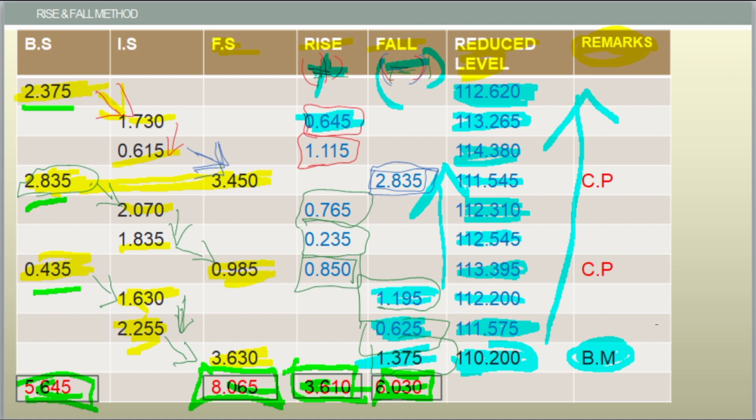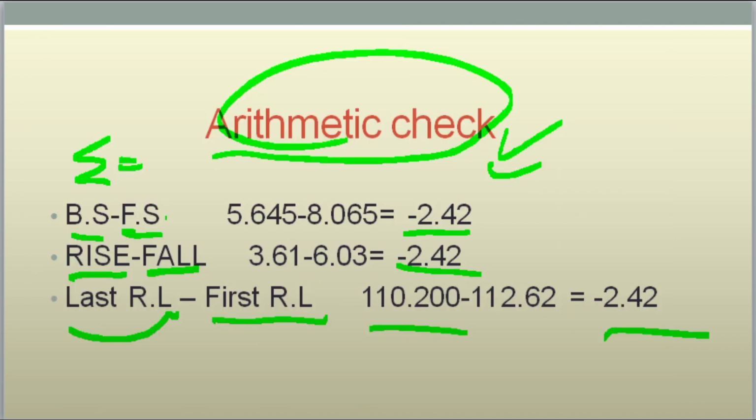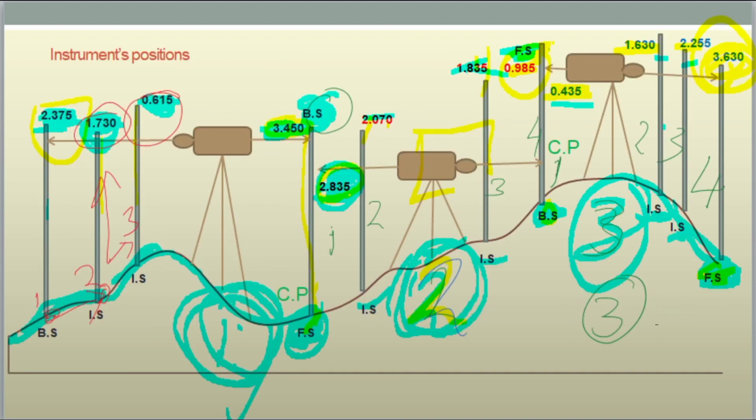By the use of a calculator, you go ahead and prove if that was right. I have proven we have done the right thing. After applying the arithmetic check, it shows that all our calculations were right.